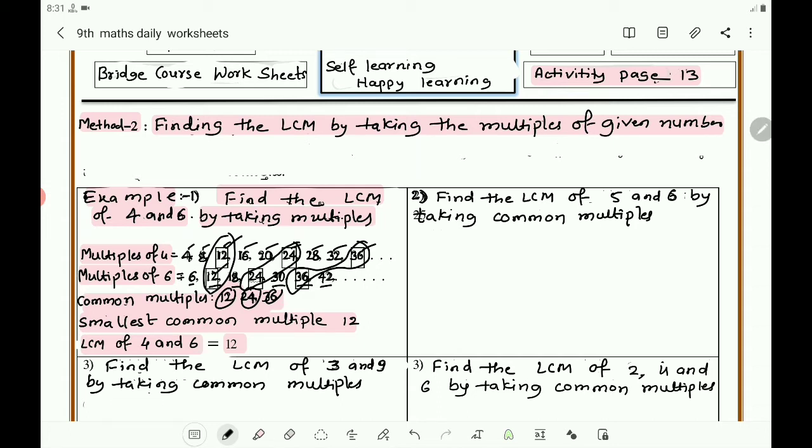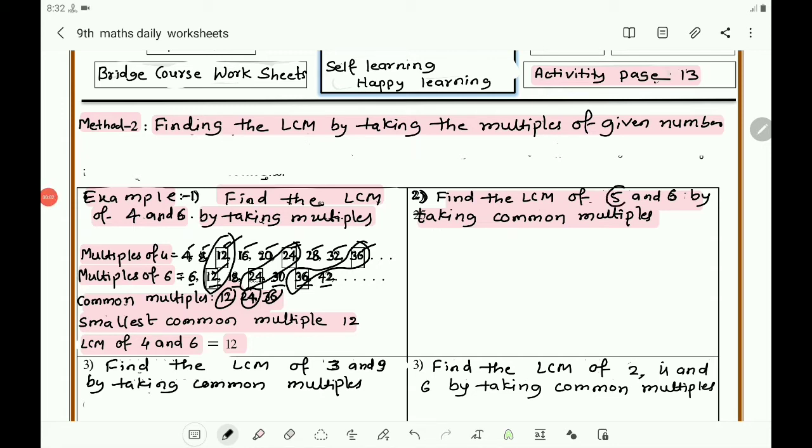Now you take the next one. Find the LCM of 5 and 6 taking common multiples. Here also you write the multiples of 5 and multiples of 6, means the 5 table and 6 table, and after that mark the common multiples.